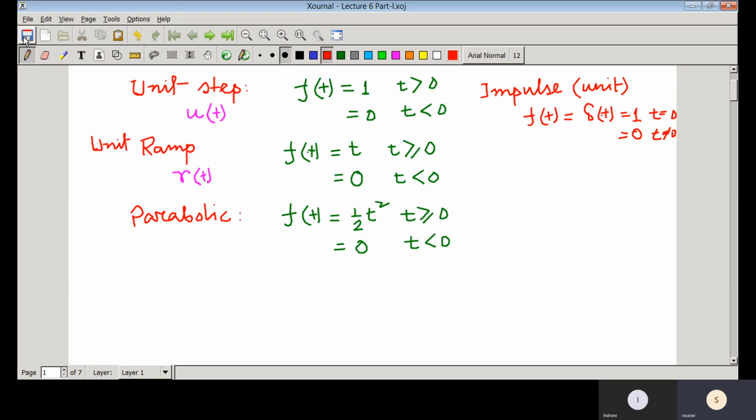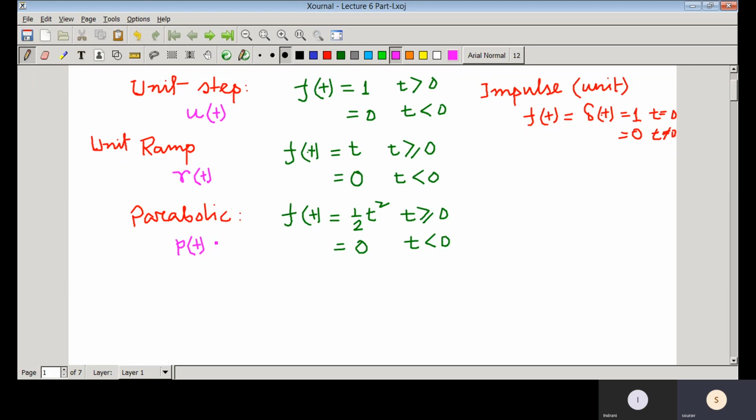You have already studied those things in your signals and networks, so here I am just discussing again for recapitulation. The parabolic signal is denoted by p(t), and the impulse is normally denoted by delta(t).